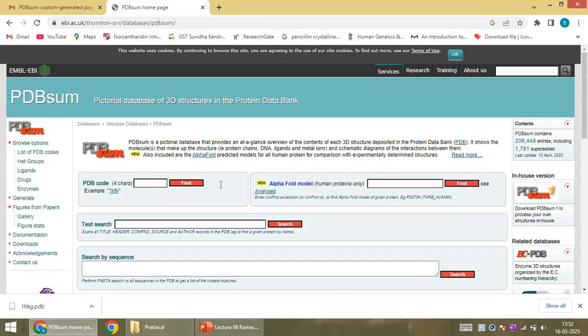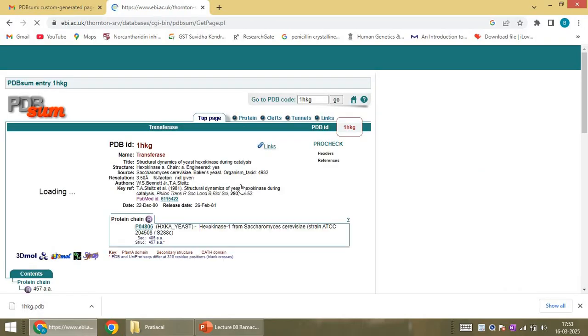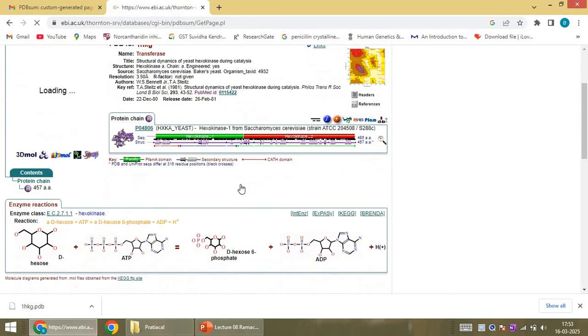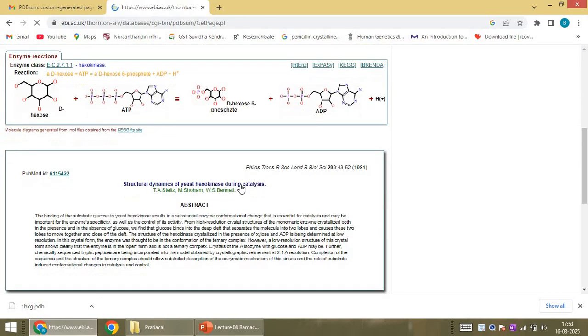Here I search our target molecule with the help of the PDB code, and our target molecule is 1HKG, and simply find. This is all the information related to our target molecule.